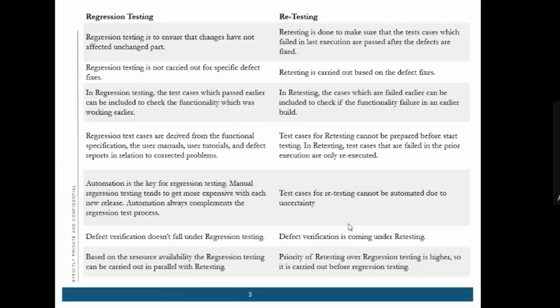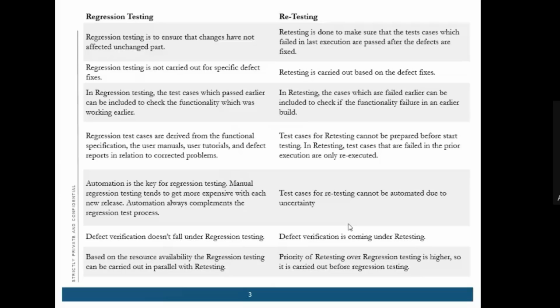But what is regression testing? Regression testing is to make sure that everything which has changed in the new build is unaffected by the change of code. When you make changes in one module, other modules can be affected.